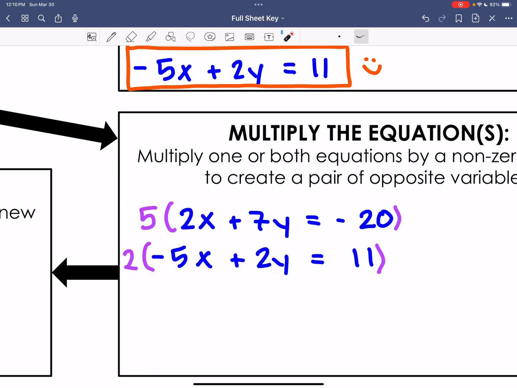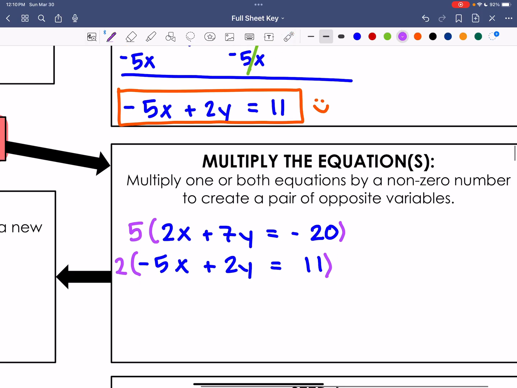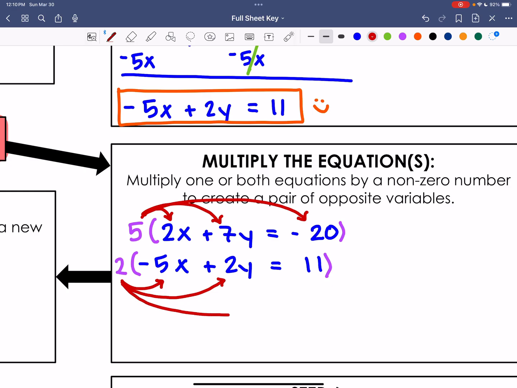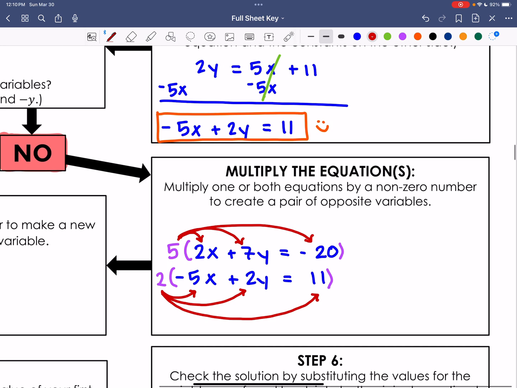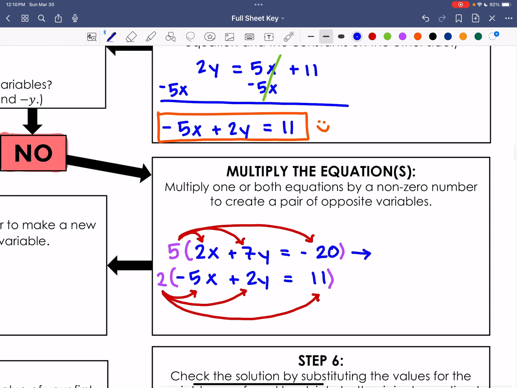That way everything is totally opposites. Just make sure, please, that you are going to end up multiplying these numbers to all 3 parts of each equation. Right? The biggest mistake that I see is people will do a lovely job multiplying to the x's and the y's, and then the constants get left out. People forget about them. All right, so let's go ahead and start doing these multiplications.